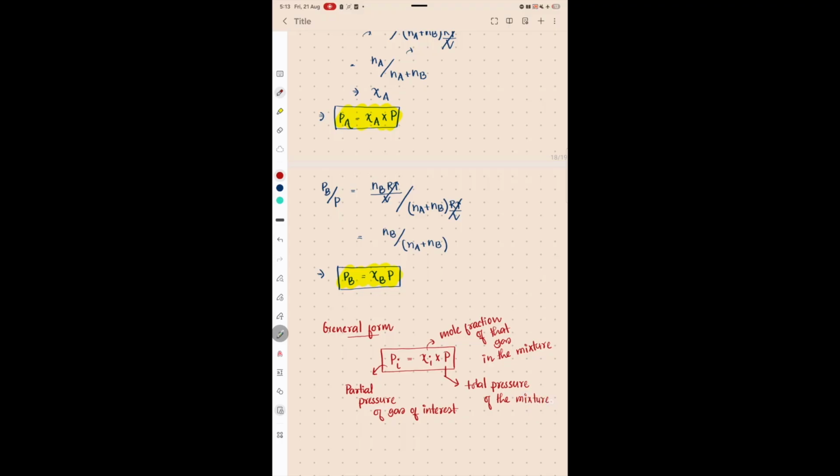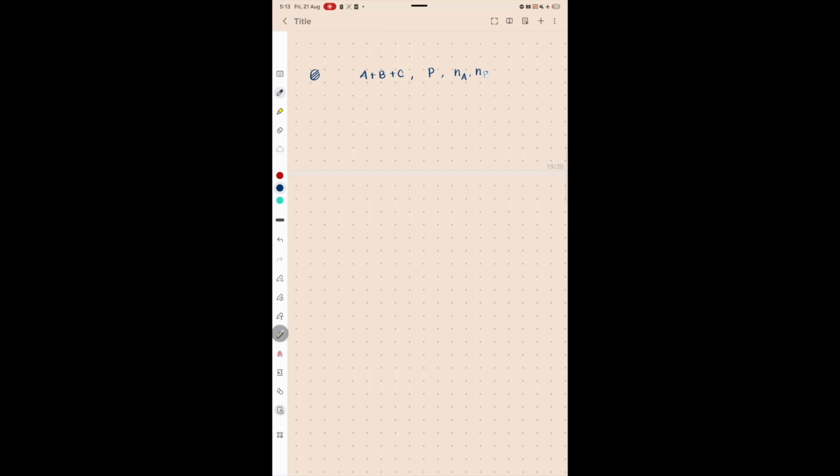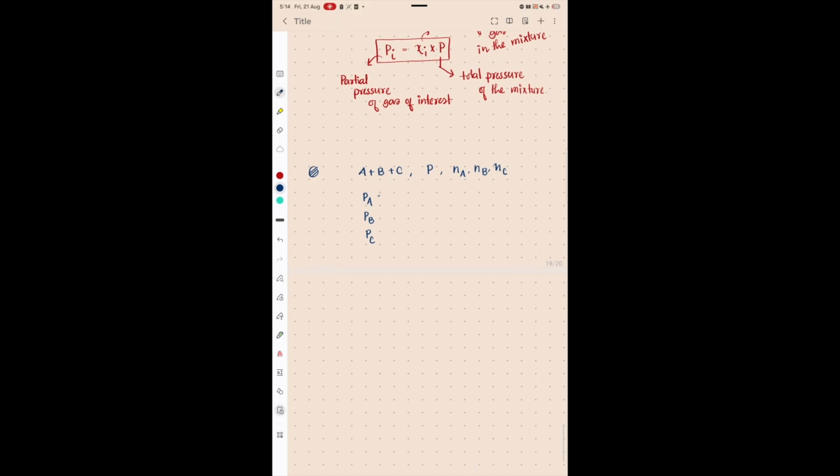So if I tell you that I have mixed gas A plus B plus C, and the total pressure is P, moles of gas A is Na, moles of gas B is Nb, moles of gas C is Nc, and I need to write partial pressure of A, B, and C as a function of their mole fraction, how will you write that? Simply, Pi is equal to Xi into P, right?